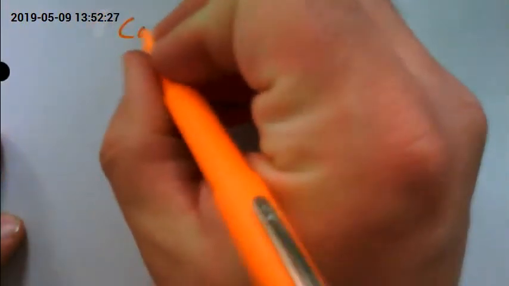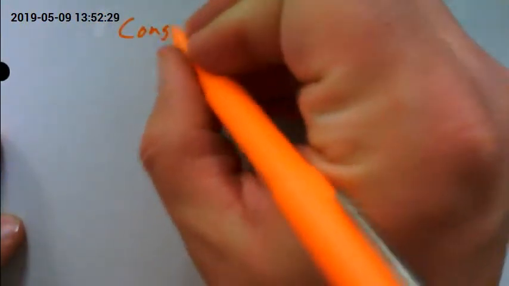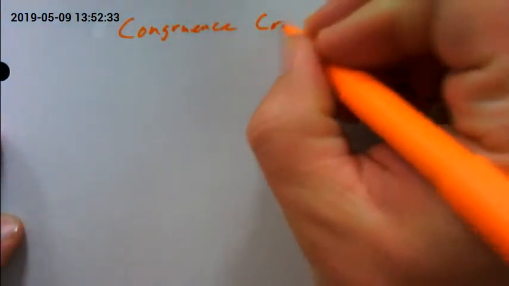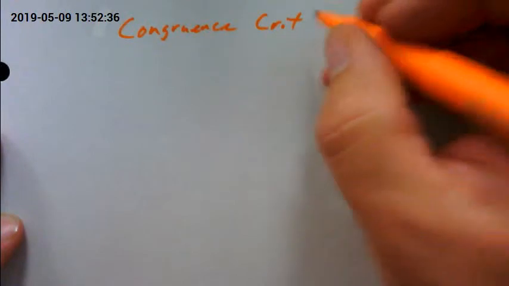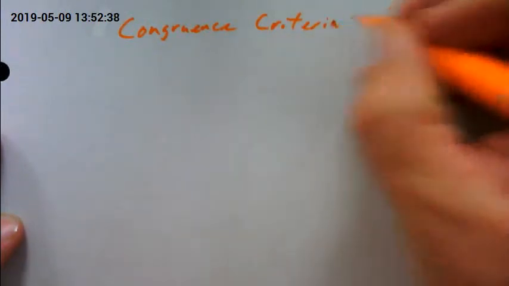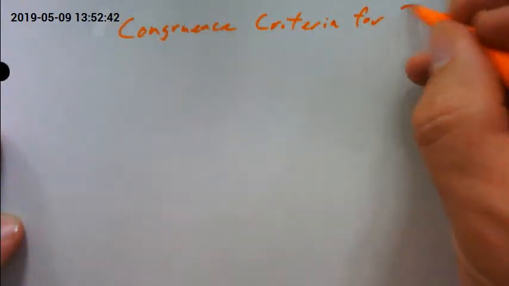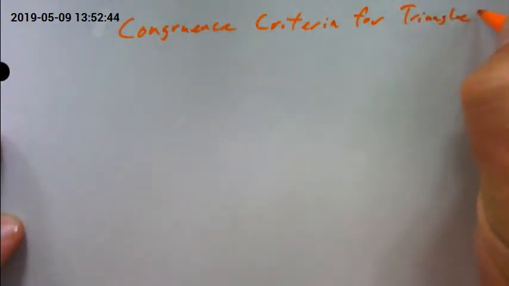So, first talking about the different congruency criteria for triangles.